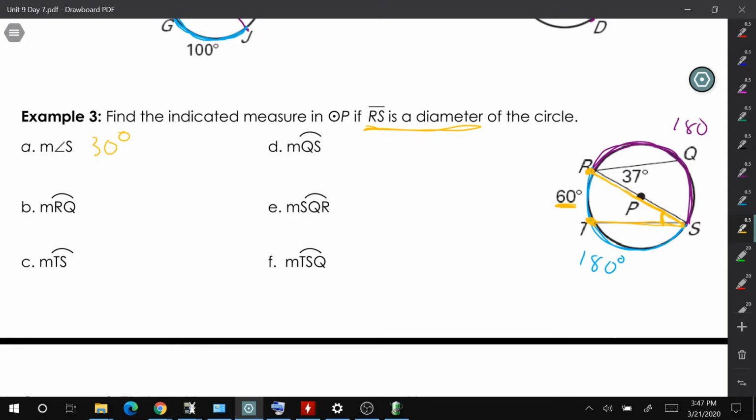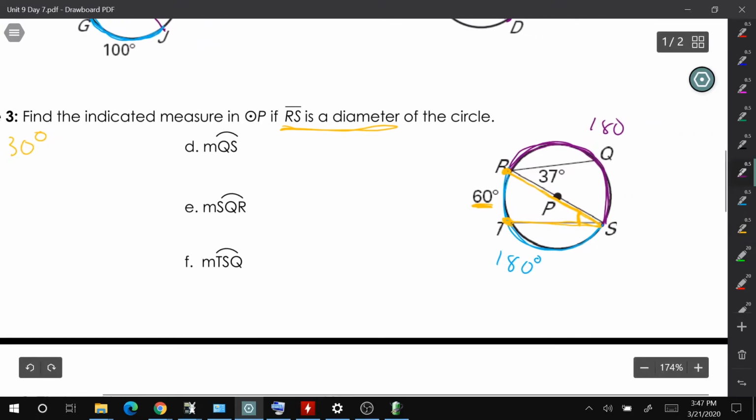Now, letter B, the measure of arc RQ. Well, RQ is the smaller part up here. Well, if we know the whole thing is 180, we can figure out what this part is because we have this inscribed angle.